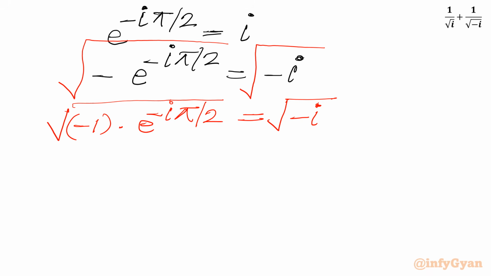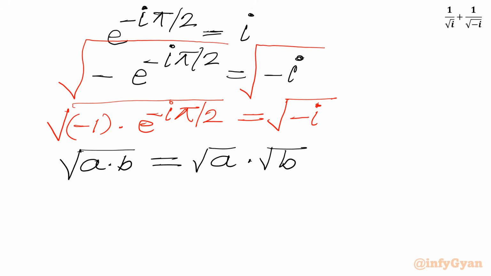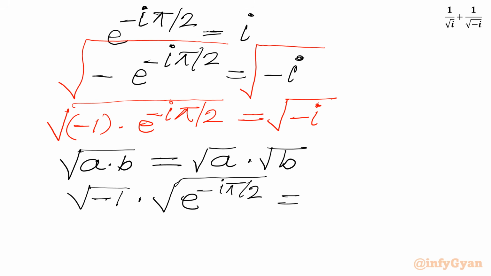Now we can use the property from radicals: √(a·b) = √a · √b. So we can write √(-1) · √(e^(-iπ/2)) = √(-i).